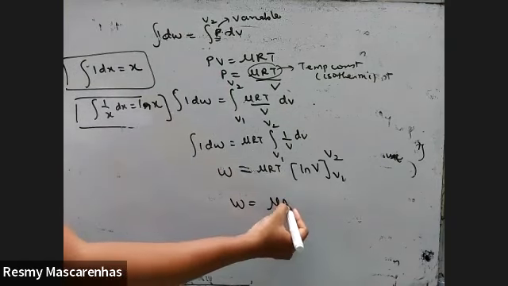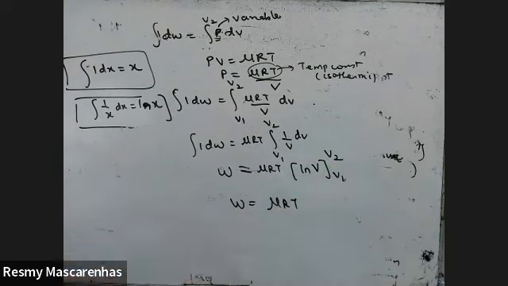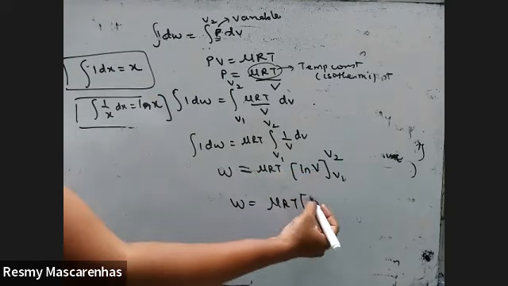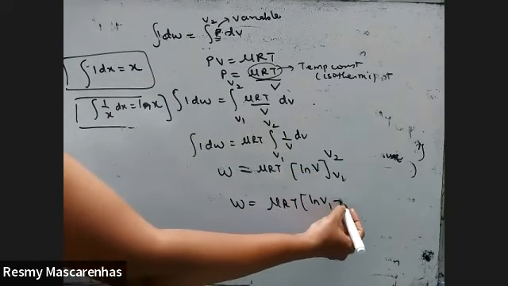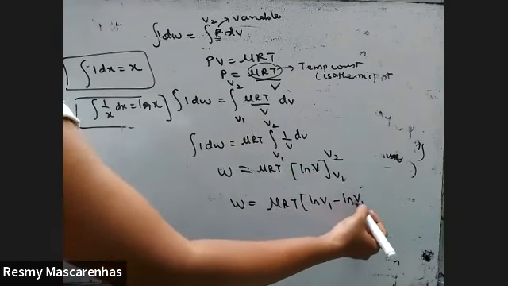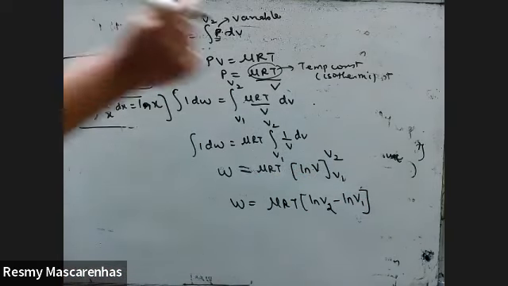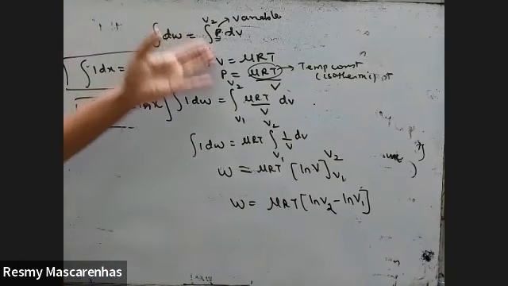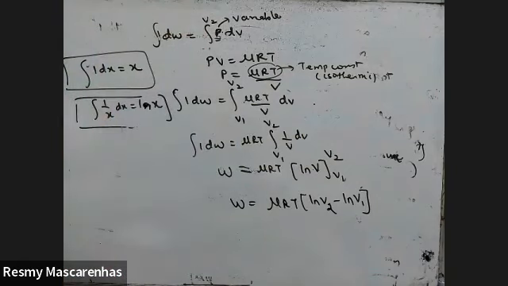So mu RT, this we have to substitute, always higher limit minus lower limit. If a 12th standard student who already knows integration is asked to solve this, they'll finish in 10 seconds, because it is that simple once you know the concepts of integration.